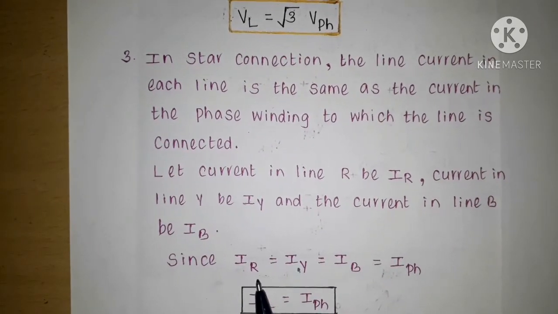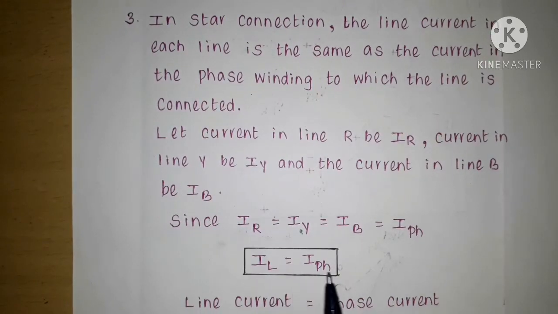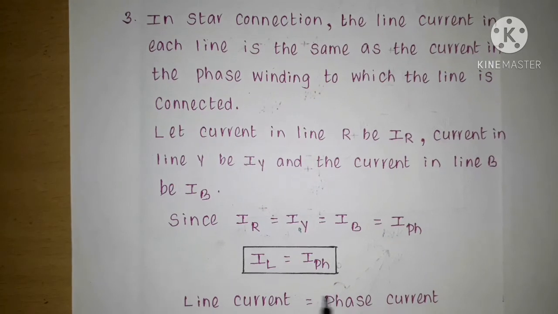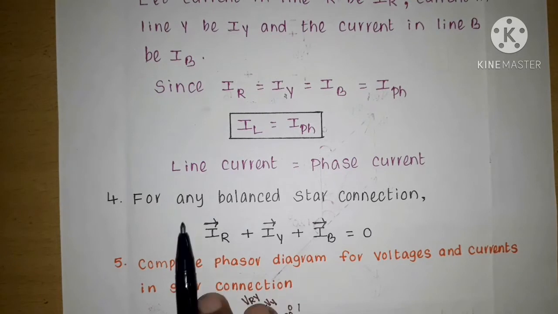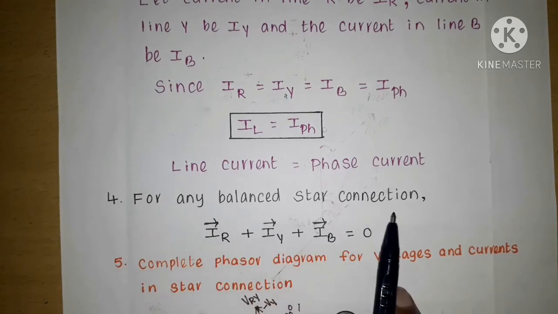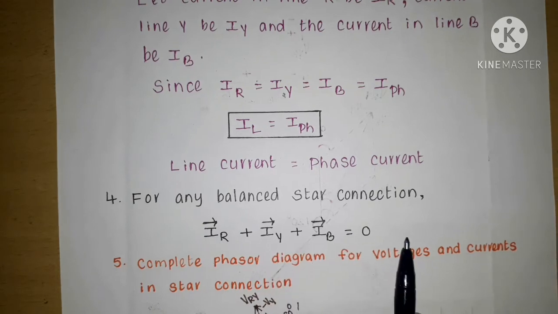Since IR equals IY equals IB, which equals the phase current, line current equals phase current, IL equals IPH. So in a balanced star connection, line current equals phase current. For any balanced star connection, IR plus IY plus IB equals 0.